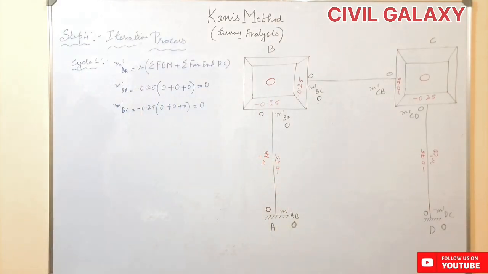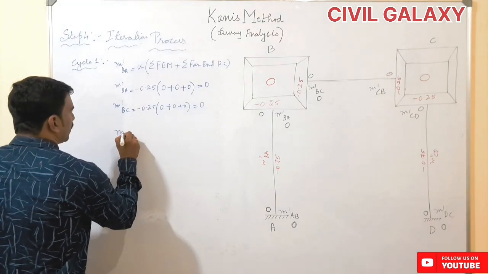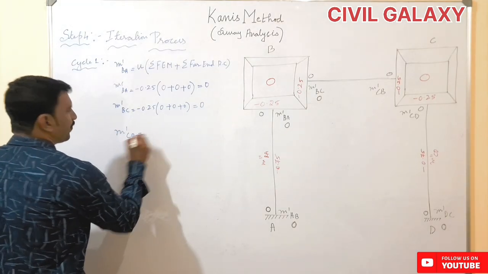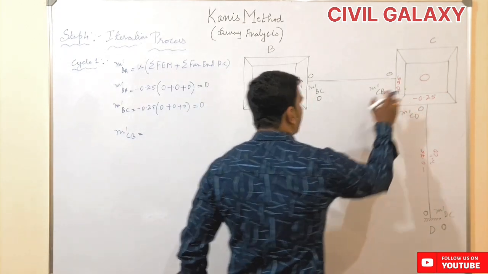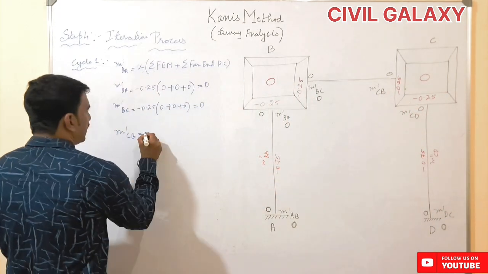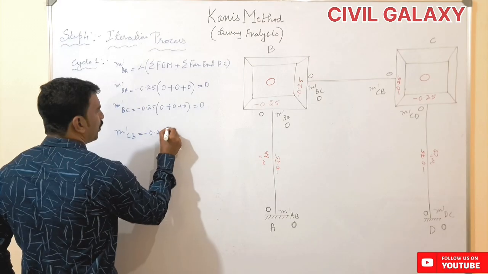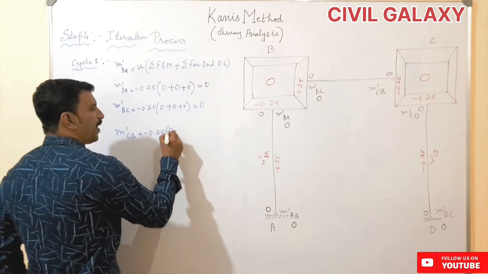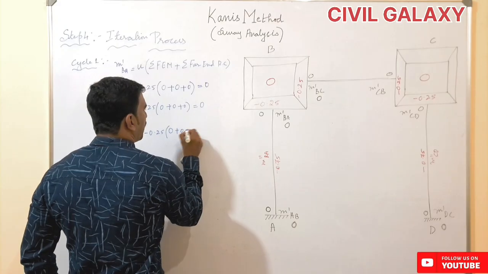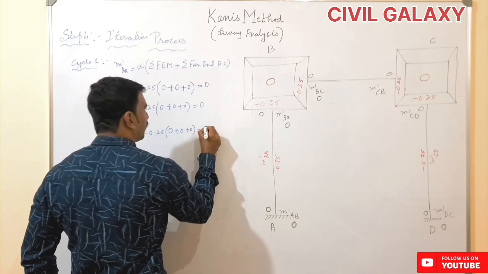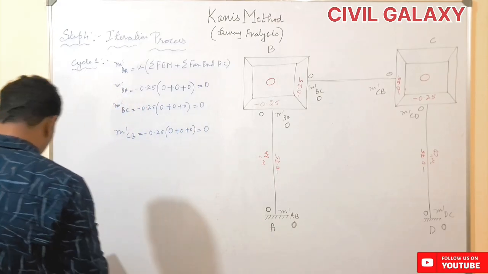So now next, if you want to calculate for m dash CB, see here m dash CB, the rotation factor here also is minus 0.25. Summation of fixed end moment, here also it is 0, and the far end rotation contributions are also 0. So this also will be equal to 0 over here.